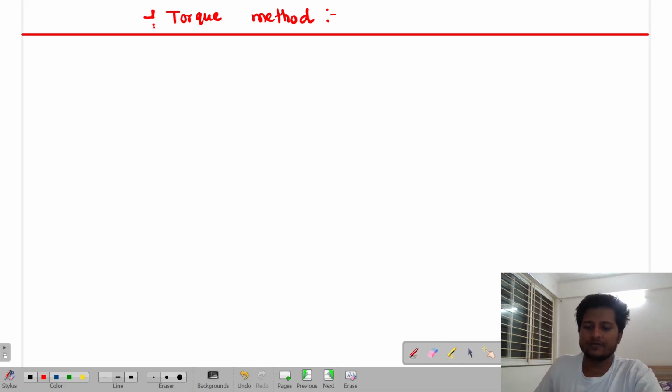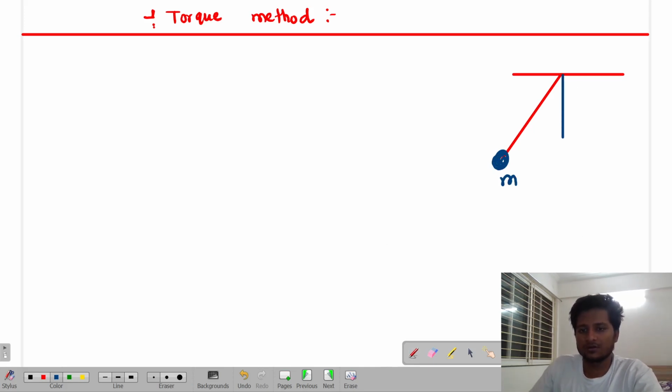You know that if there is a simple pendulum, and it is making some angle theta with the vertical, this is a bob of mass m.